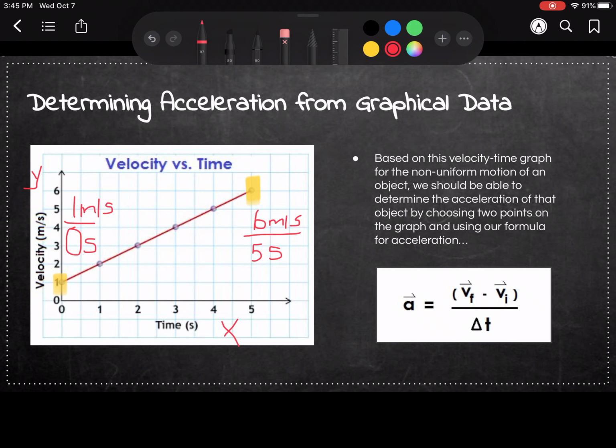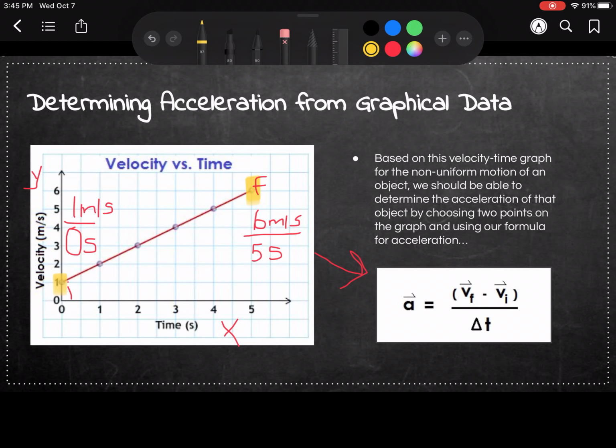So that is that. So now how we would figure out our acceleration, we just got to find the difference between those. So this would be our initial and this would be our final. So we can just solve by plugging those things into this formula. I'm going to do that on the edge here.